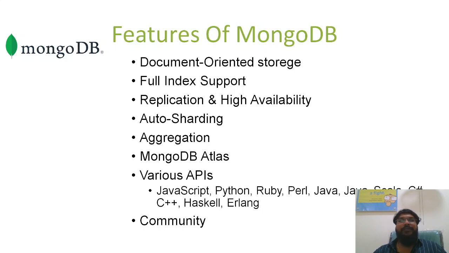You can also have auto sharding and aggregation, and you also have MongoDB Atlas, which is a cloud version that is available. It has various APIs like JavaScript, Python, Ruby, Perl, Java, Scala, C Sharp, C++, Haskell, Erlang. In any programming language you can embed this MongoDB.